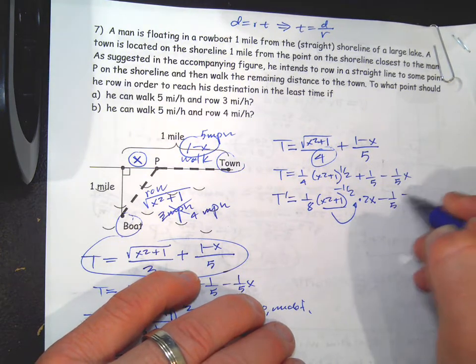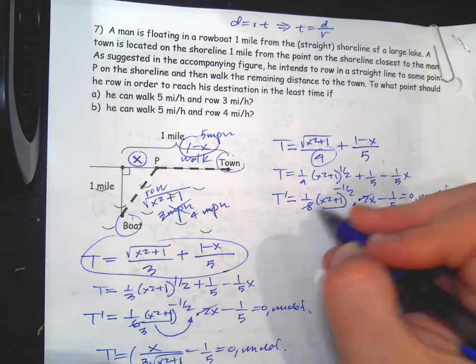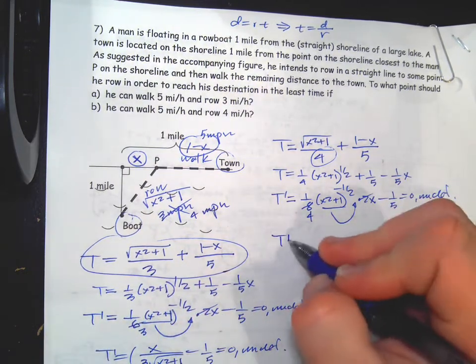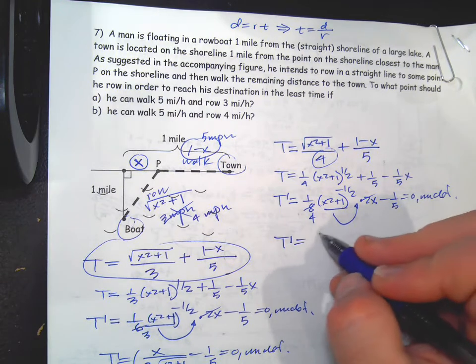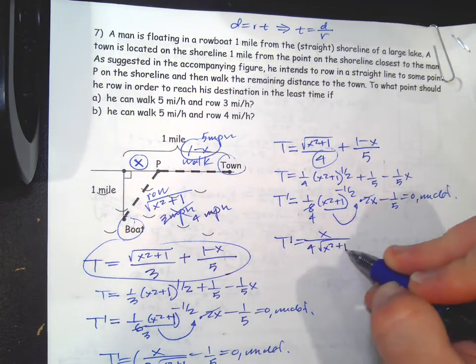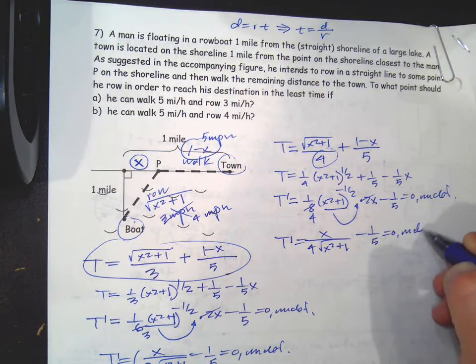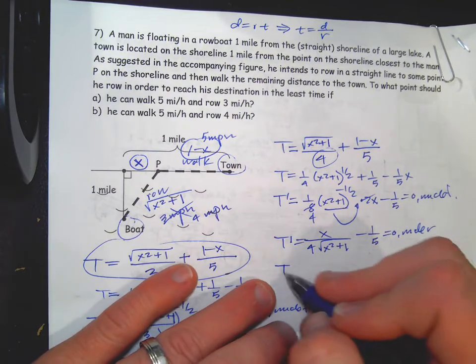We're going to say equal to 0 or undefined. I'm going to go quickly here. I'm doing all the same kind of work, slightly different numbers. So this is going to be x over 4 square root of x squared plus 1 minus 1/5. And then we give these guys a least common denominator.